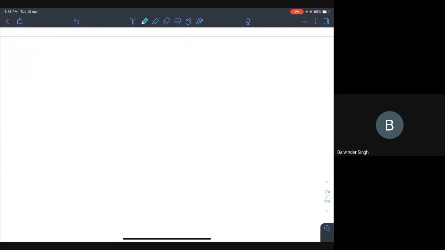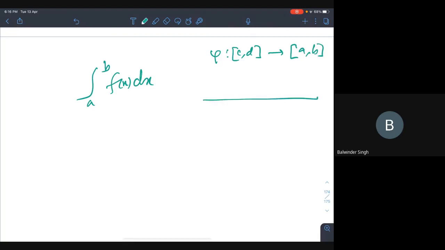So the point is, you have the integration a to b f(x) dx, right? And you have phi from [c,d] to [a,b]. Here you look at a partition of [a,b], and a partition of [c,d] correspondingly.